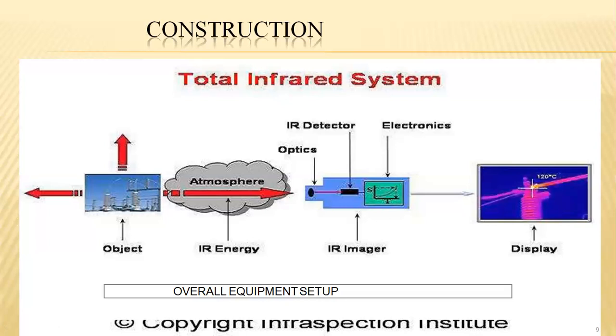All these characterizations will be modulated with respect to this IR imager or IR detector. And these electronic components play a major role in specifying the voltage levels or frequency levels. So from the atmosphere, from the sunlight, we capture with an optical sensor, or a photodiode.